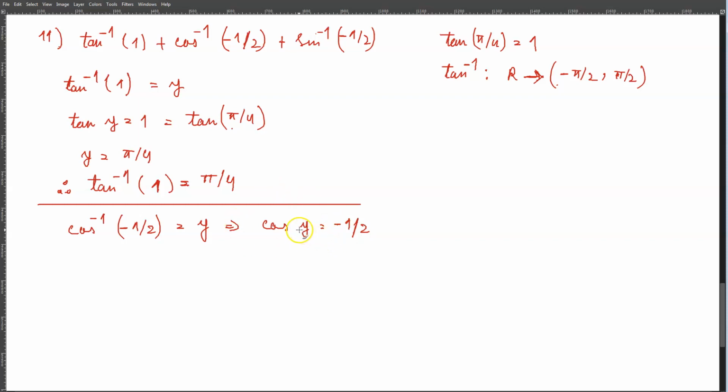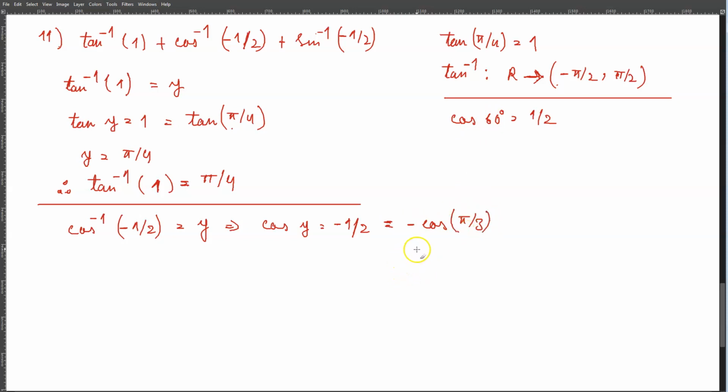Now, the angle for which the cos is 1/2: you know that sine 30 degrees is 1/2, sine 60 degrees is square root of 3 by 2, and cos 60 degrees is equal to 1 by 2, right? So that is equal to the negative of cos of 60 degrees, which is pi by 3, right?